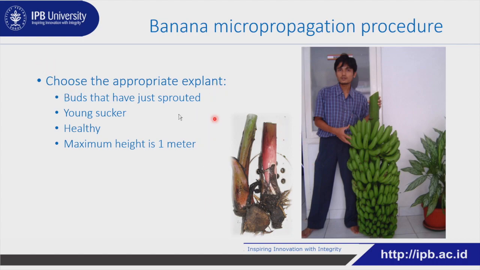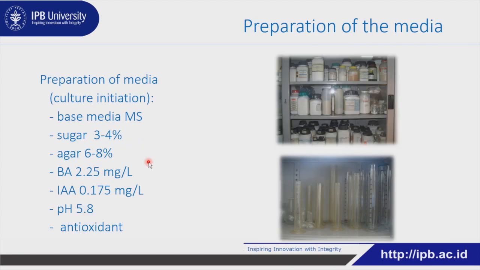Just to remind you, first we need to choose the appropriate explant, and this is an example. We already gave enough explanation before. It should be buds that have just sprouted, young sucker, and healthy, and the maximum height is about 1 meter. After that, we should prepare the media, and the media for banana is not really complex.